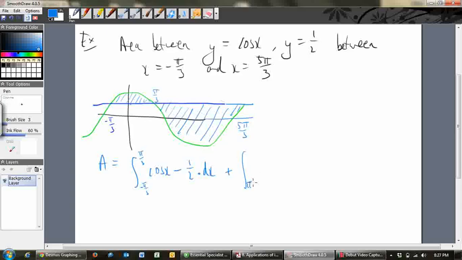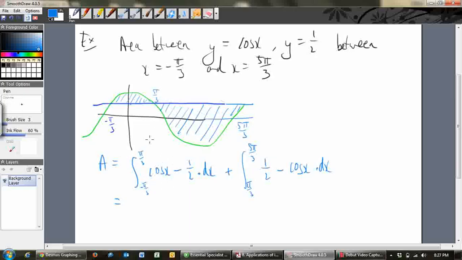This one goes from pi on 3 up to 5 pi on 3 of the top function, which is y equals a half, minus the bottom function, which is y equals cos x dx. And so that'll be your area. At this point you could chuck it into your calculator, or you could just work it out, but it's going to take a while. I'm not going to spend time doing this, but that would be your area.